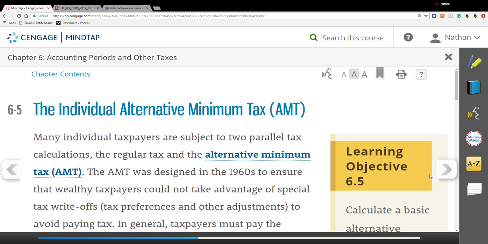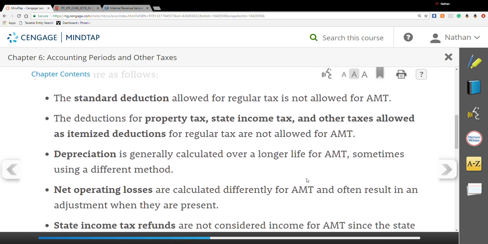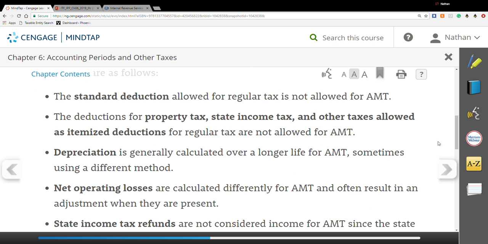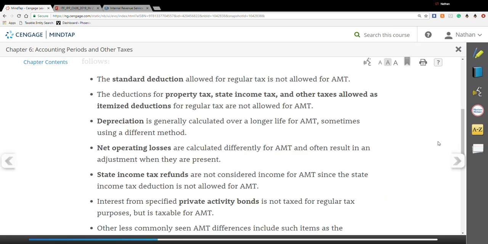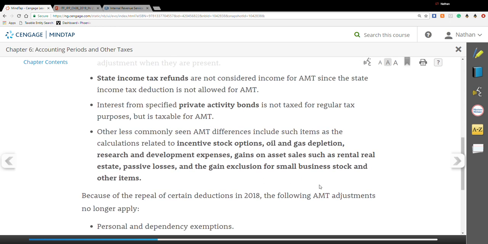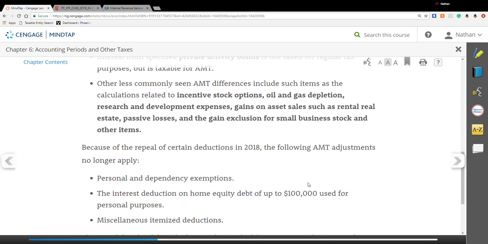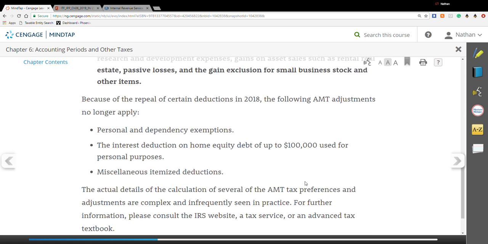I don't think it really gets too much. Again, let me zoom out. So right here is a lot of the common stuff again, and what's not allowed, what's allowed.